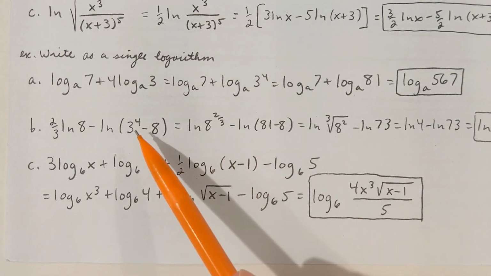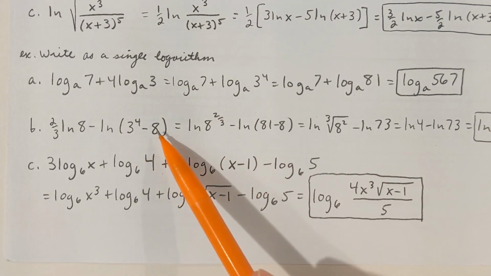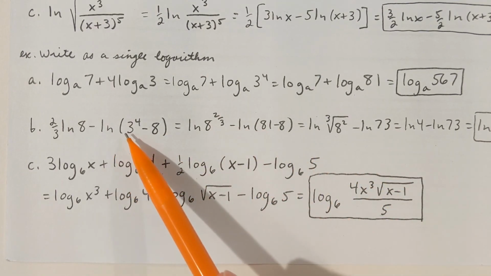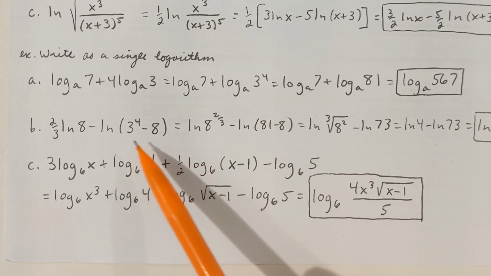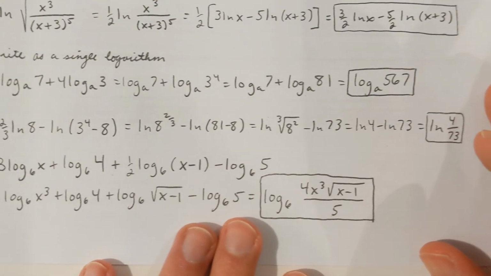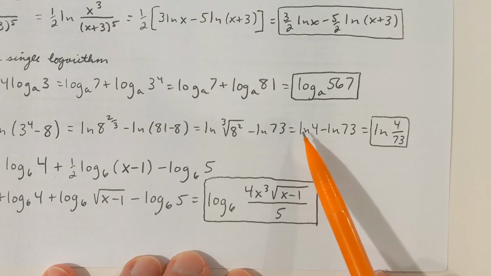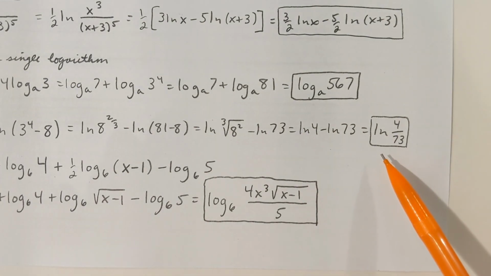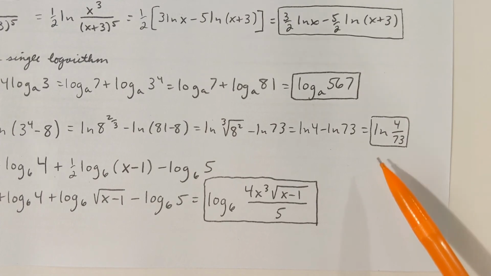And 3 to the 4th is 81, minus 8 is 73. Of course, you don't want to make the mistake where you distribute the ln notation into these two terms. Some students would want to do that. ln 4 minus ln 73, you can get your single logarithm now by dividing the inner terms. You'd be using law 2 in getting that.